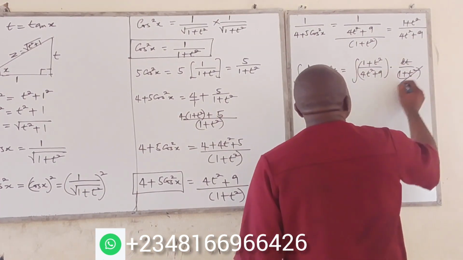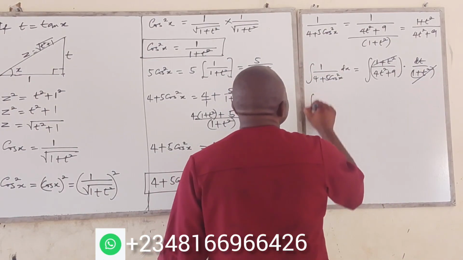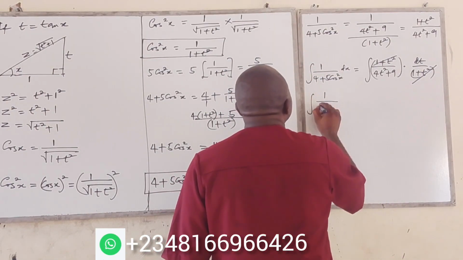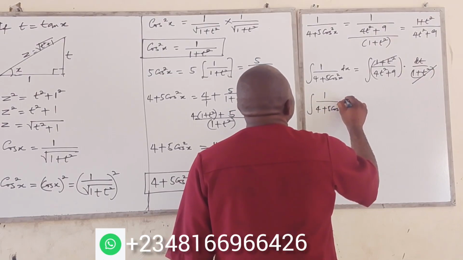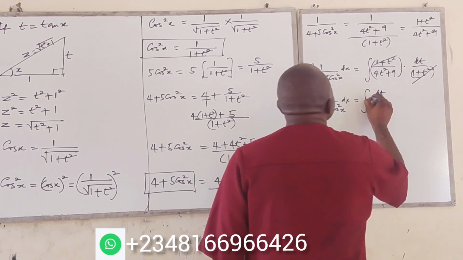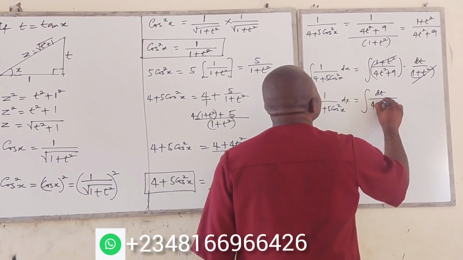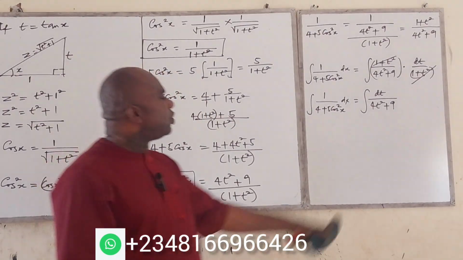So this 1 plus t squared will go with this 1 plus t squared. So we'll be left with the integral of 1 all over 4 plus 5 cos square x, dx, equal to the integral of dt all over 4t squared plus 9. Now we have to integrate this.